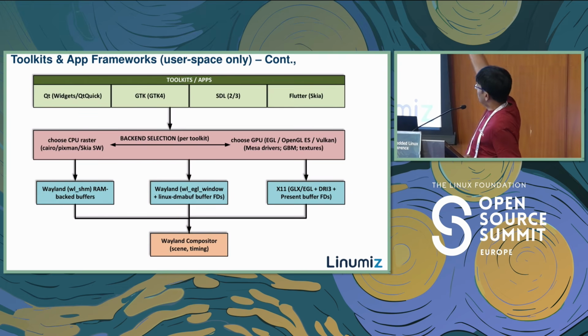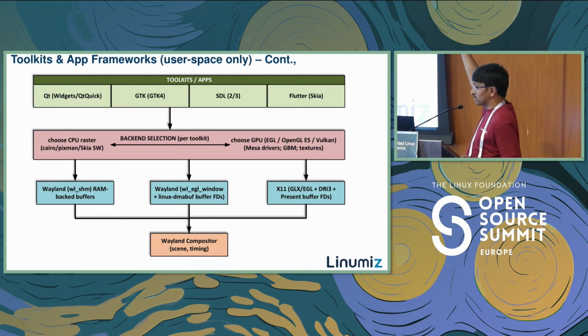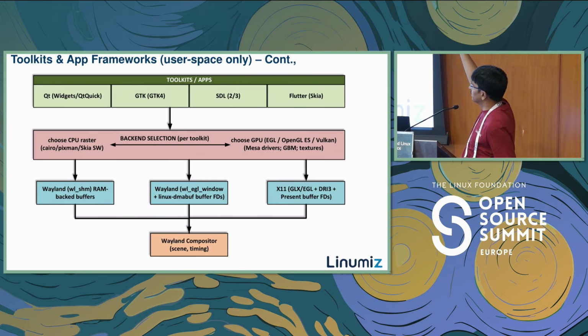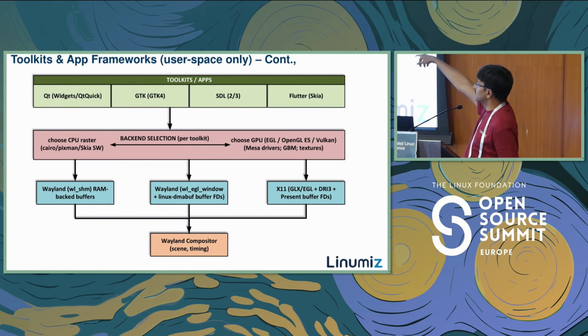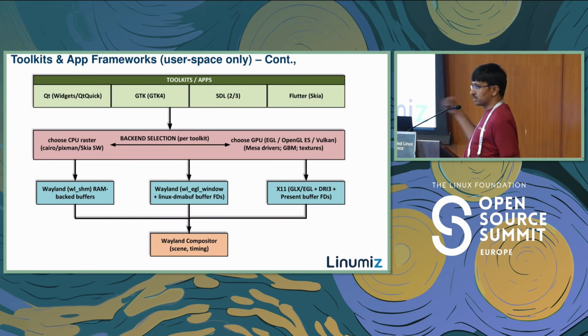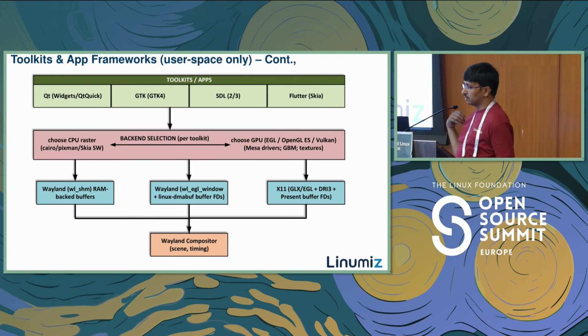Every application toolkit provides a set of global environment variables which you can provide during compilation. That would eventually decide whether it goes to the CPU rasterization path or the GPU accelerated path. That would then give it to Wayland, and Wayland would again composite together and send it to the hardware KMS DRM system.